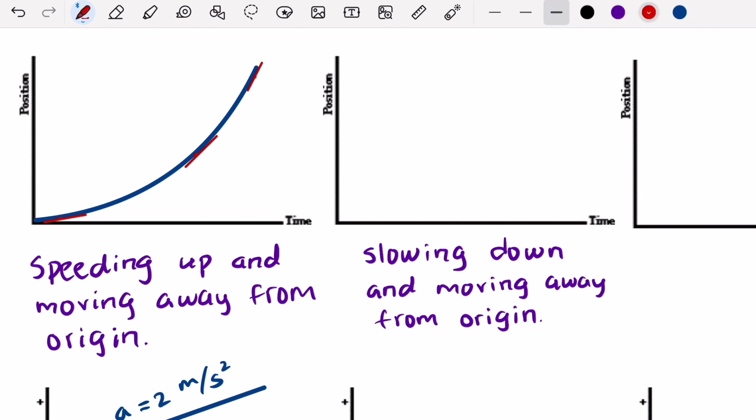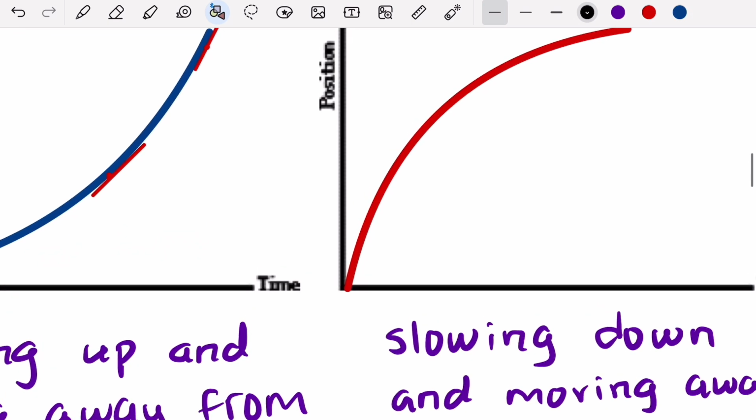So that means it'll look something like this. Let's do the tangent line test where you pick 3 points and see if the slope is in fact decreasing. So we'll pick a point here, draw a tangent line, more or less.